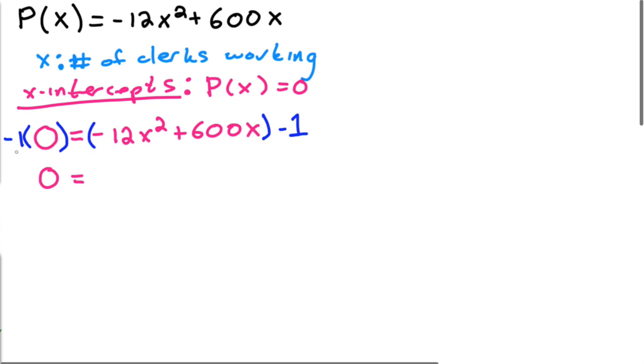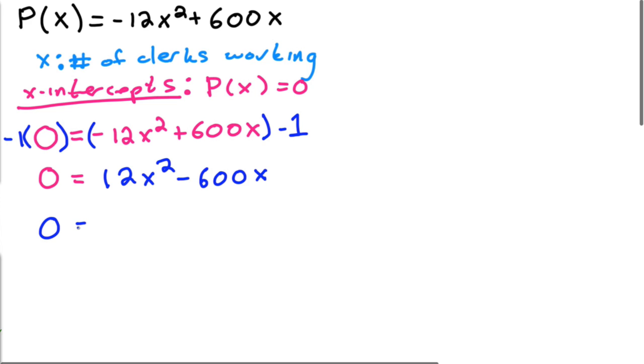So if I do that, -1 times 0 is still 0, but negative 12 times -1 is positive 12x squared, and 600 times -1 is negative 600. You would have gotten the same thing if you had divided by -1. That was just to change the sign on the square term to be positive.